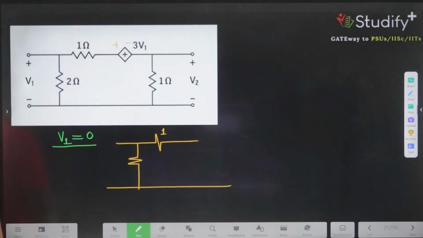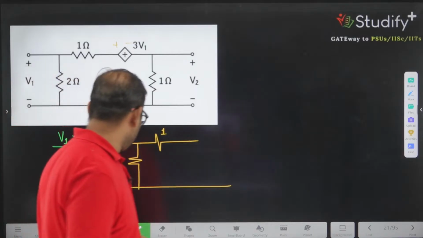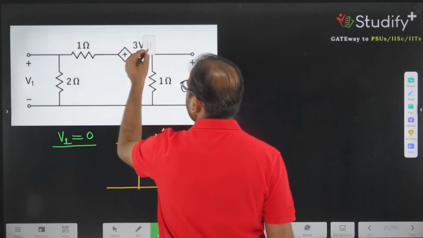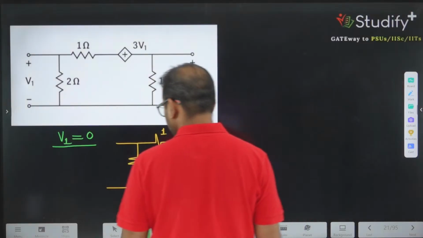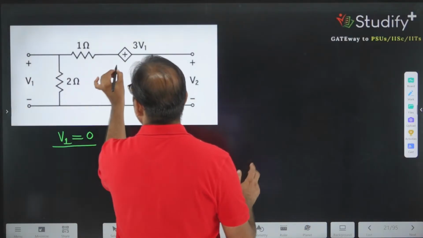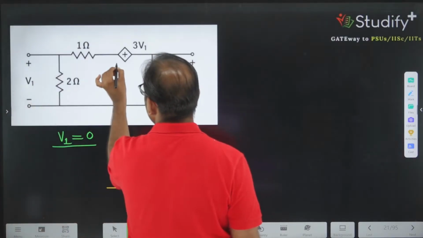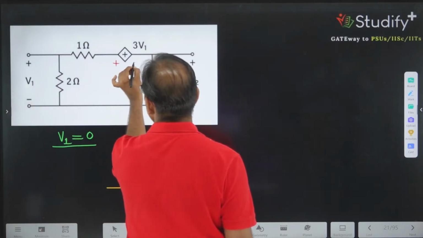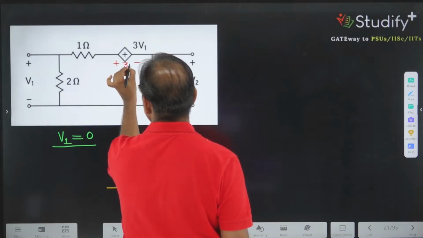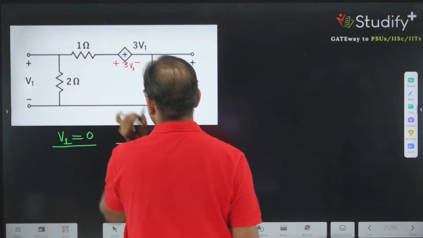This is the Valkenburg question, so let me write it. What is the polarity given here? The polarity is plus minus 3V1.